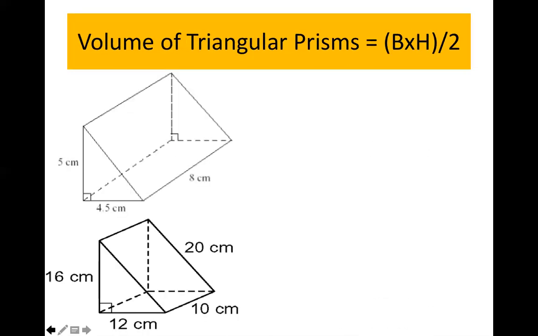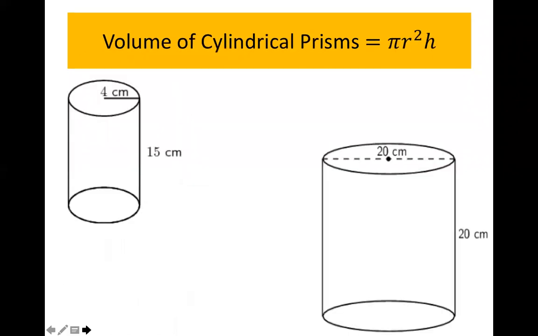Okay, wait, someone asked me to change to the slide before. Triangular prism is base times height over 2. Okay, and then we have cylindrical prisms, pi r square h.